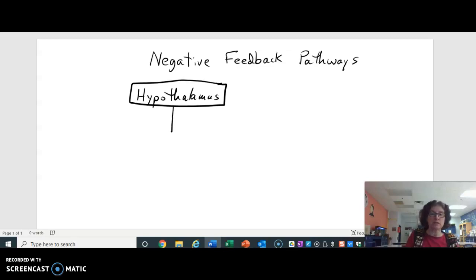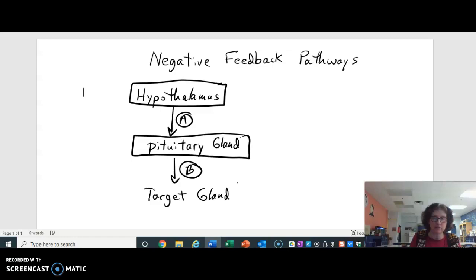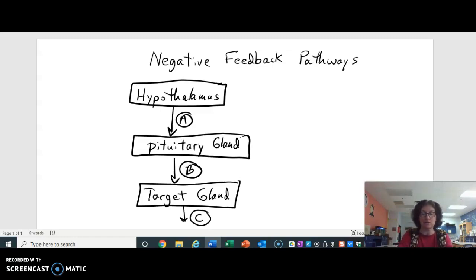So the hypothalamus will send out maybe molecule A to the pituitary gland, which is the master endocrine gland, which is also in the brain. Okay, and maybe the pituitary gland then sends out molecule B, and molecule B will activate some target gland in the body. There are lots of endocrine glands in the body, and the pituitary gland might send molecule B to that gland, and that will release molecule C, and then molecule C is affecting the final response.